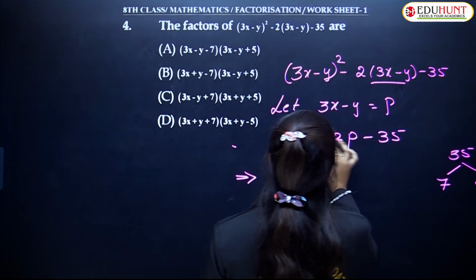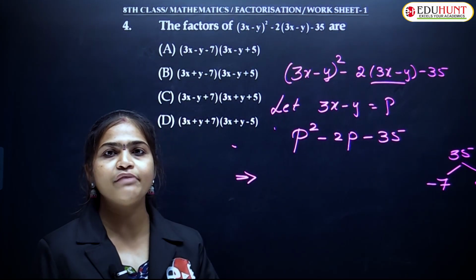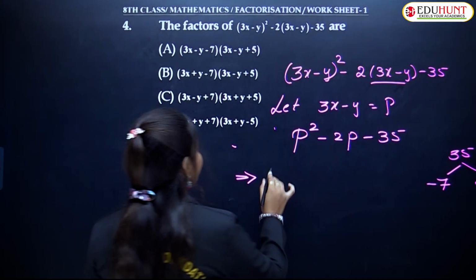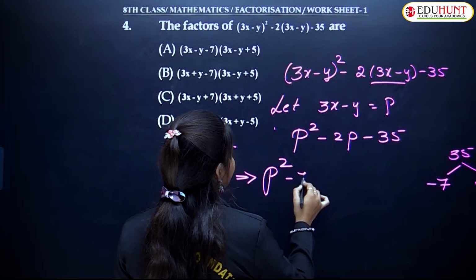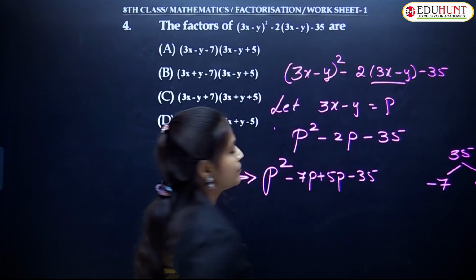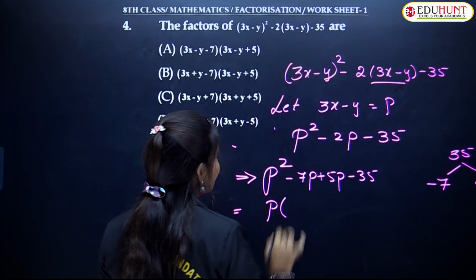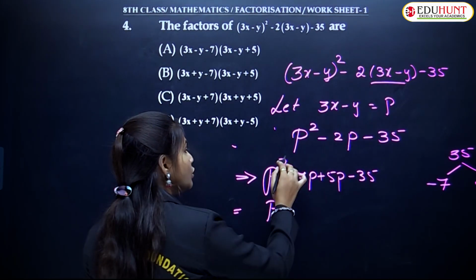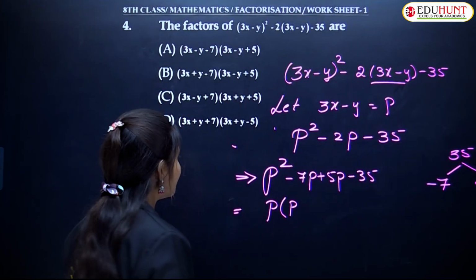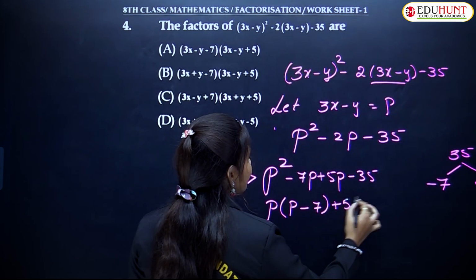Here minus 2 is there, so that's why keep minus 7. Minus 7 plus 5 is equal to minus 2. So that is satisfying here. See here, p square minus 7p plus 5p minus 35. Clear? From the first two terms, we can take p as common, so the leftover is p minus 7, plus 5 from the other two terms.